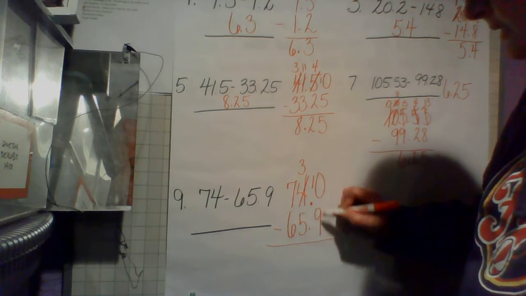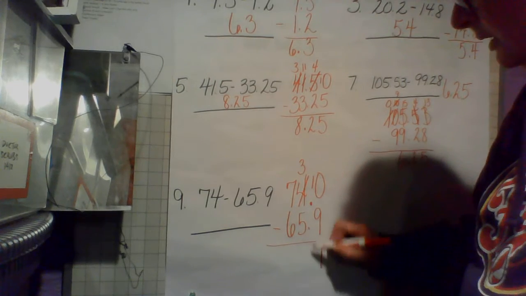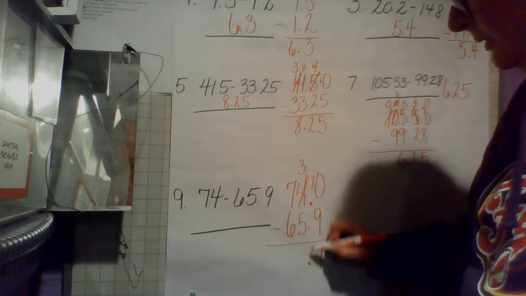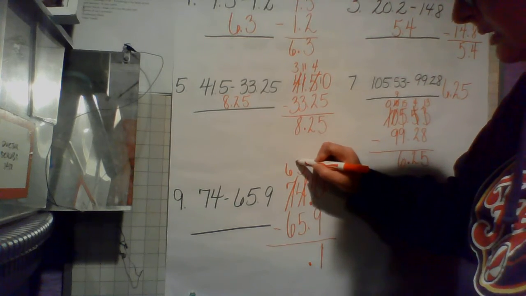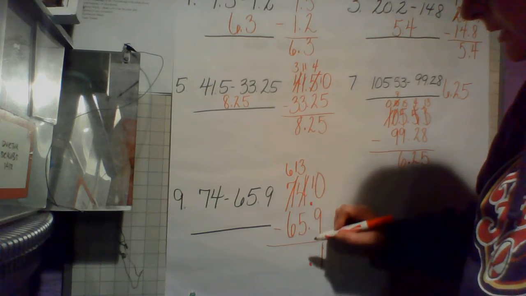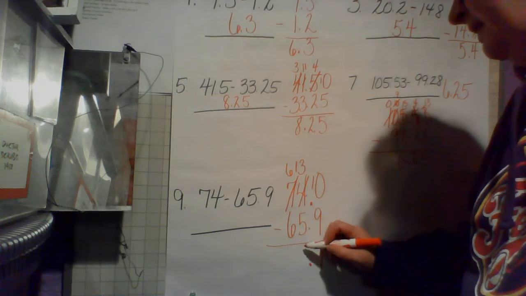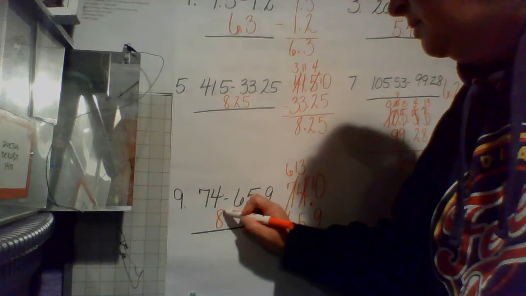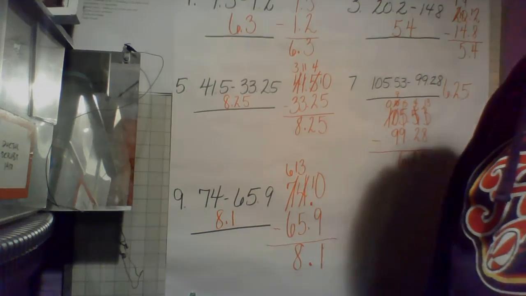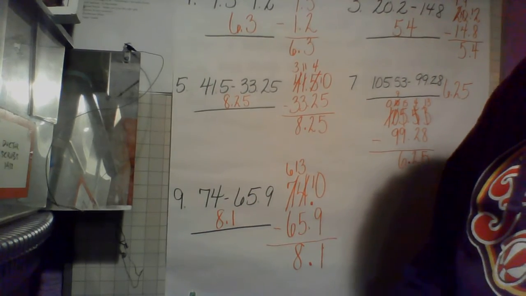So 10 minus 9 is 1. I bring down my decimal point. Now I have to exchange again. It's going to make that 13. 13 minus 5 is 8. 8.1. Alright, I need you to do the rest of the page by yourself.